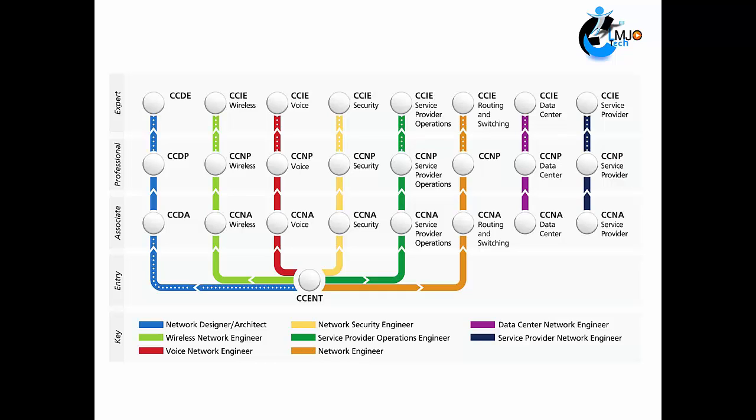So let's go ahead and see some other certification paths. If you want to have the knowledge and concept of configuring and installing wireless networks, meaning Cisco access points, bridges, all those equipment, and you need to know how to build a wireless network with Cisco equipment, you can go through CCNA Wireless.